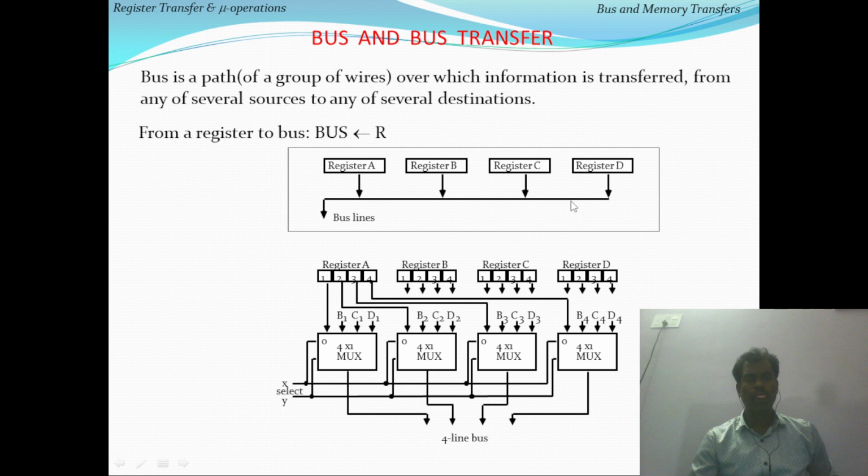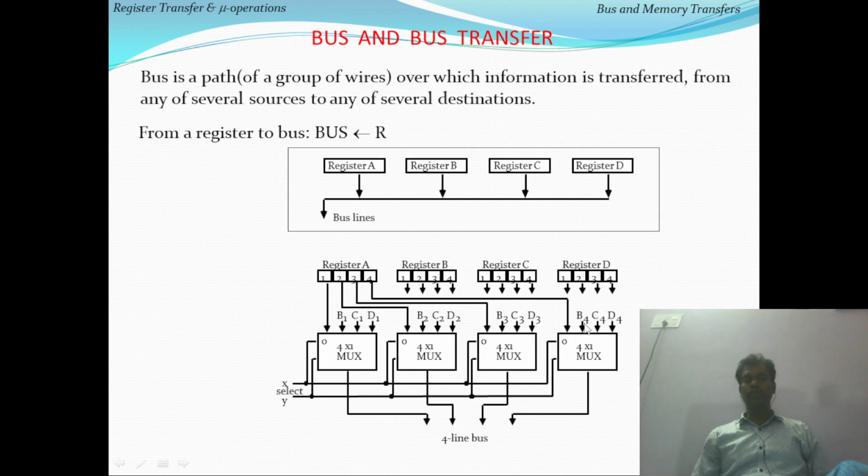When it is 0 0, all the muxes will enable the first input to flow to the output. The first input is the first bit of register A. The second bit of register A comes from mux 2, the third bit of register A is connected to the first input of the third mux, and similarly the fourth bit is connected to the first input of mux 4.